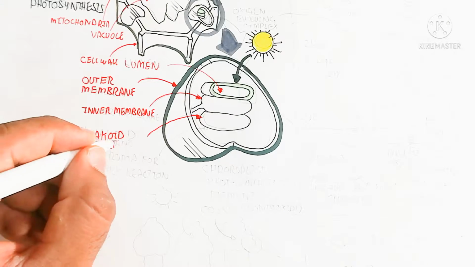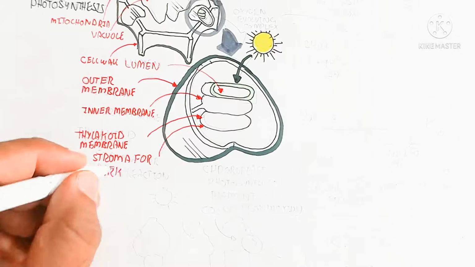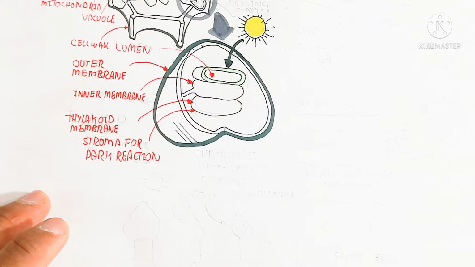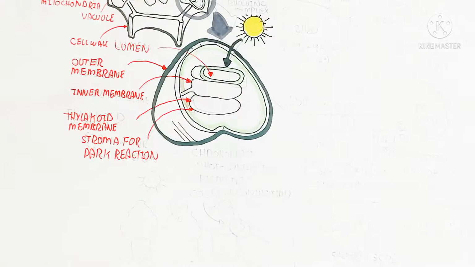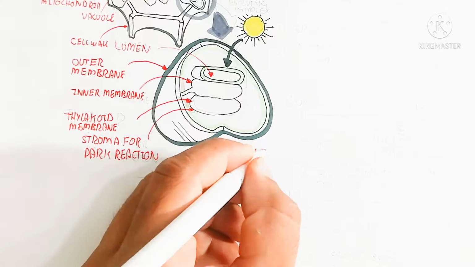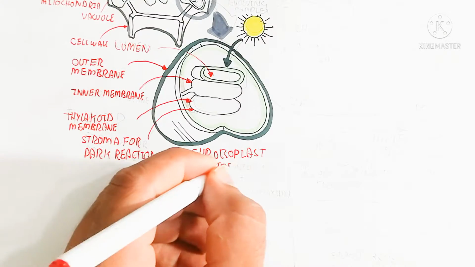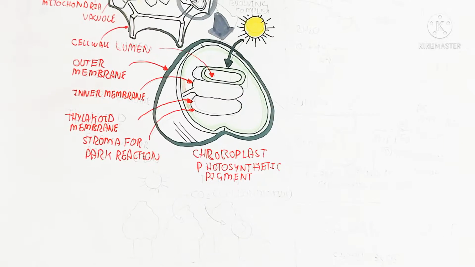Here is the outer membrane and the inner membrane, and the grana contain the granum. Here is the thylakoid membrane, and here is the stroma for the dark reaction. The stroma is used for the dark reaction because Rubisco is present in the stroma. So the chloroplast is the photosynthetic pigment-containing organelle used for the production of glucose.